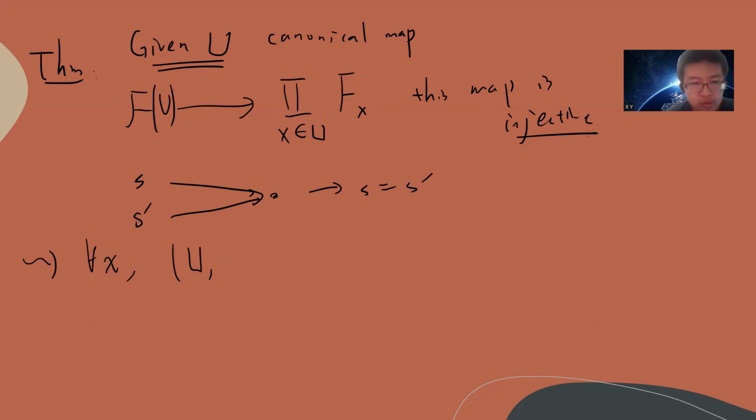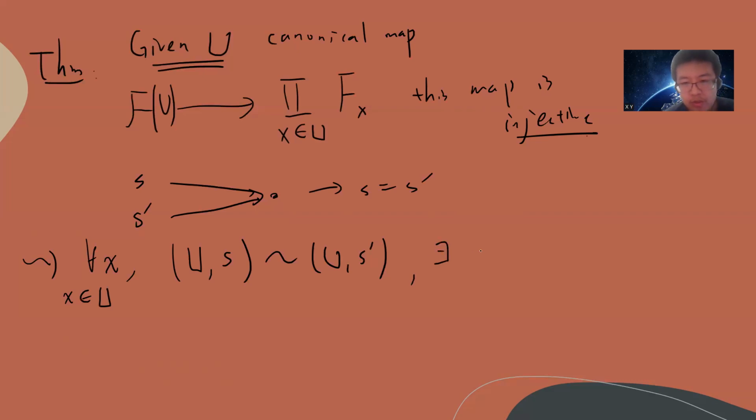So I have (U, s) equivalent to (U, s') in the stalk at x, for every x in U. So you take every x, and they are the same thing.